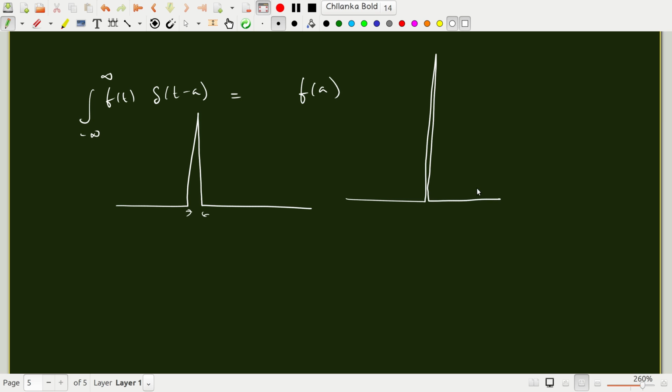It will appear like a very, very strongly peaked function. Okay, so the other properties of the delta function are delta of t is equal to delta of minus t, delta of at is equal to 1 by mod a delta of t, and so on. Okay, these are some of the useful identities involving the Dirac delta function, which you will find useful.